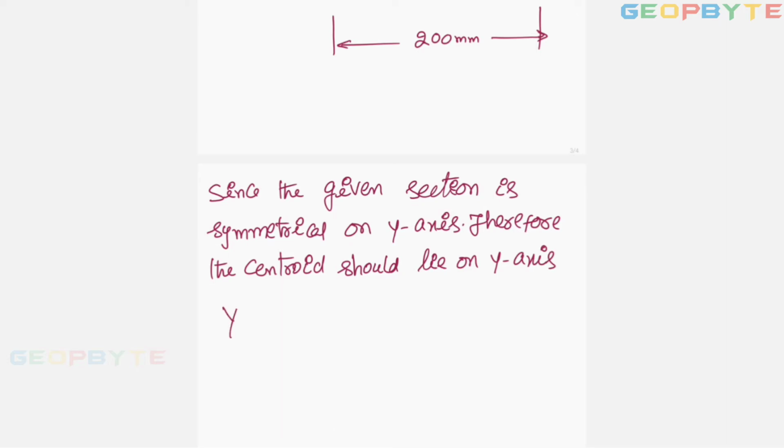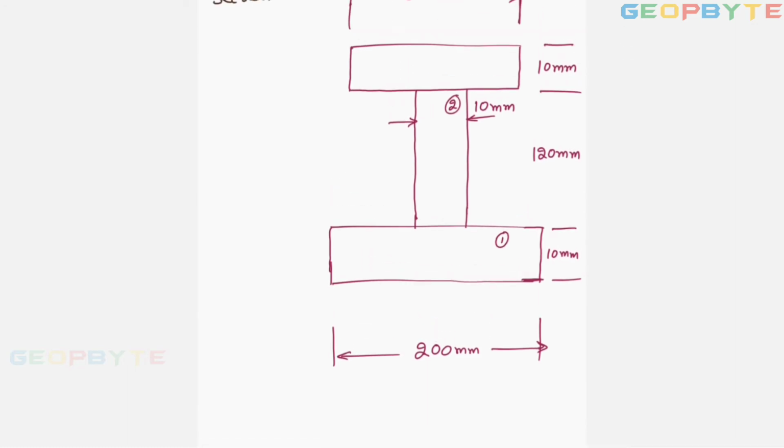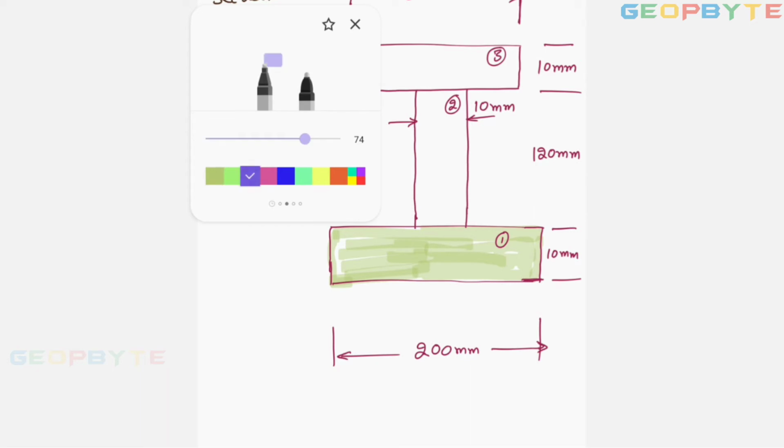We need to find the centroid on the y axis, that is y bar, because it consists of three sections. Let this be section 1, section 2 and section 3. This is my first section. The second section is this.